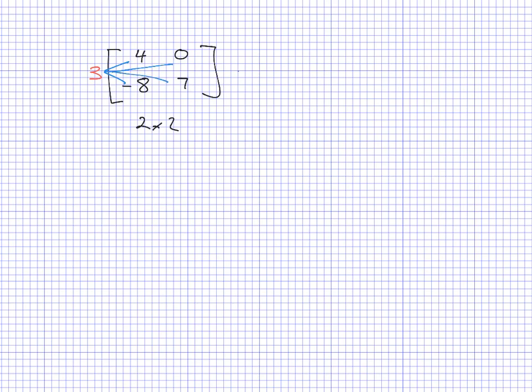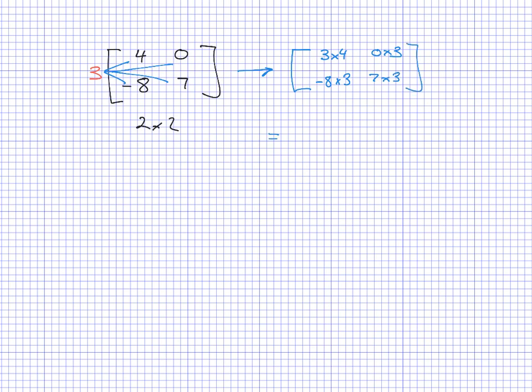So it yields this new matrix: 3 by 4, 0 by 4, minus 8... Oops, I'm multiplying by the wrong scalar. It should be 0 by 3, minus 8 by 3, and 7 by 3.